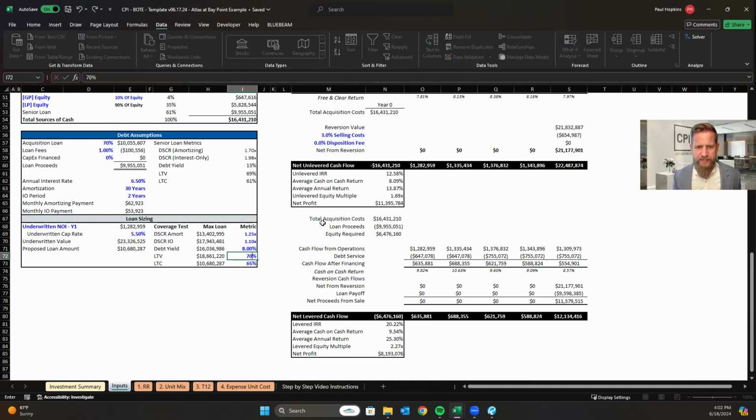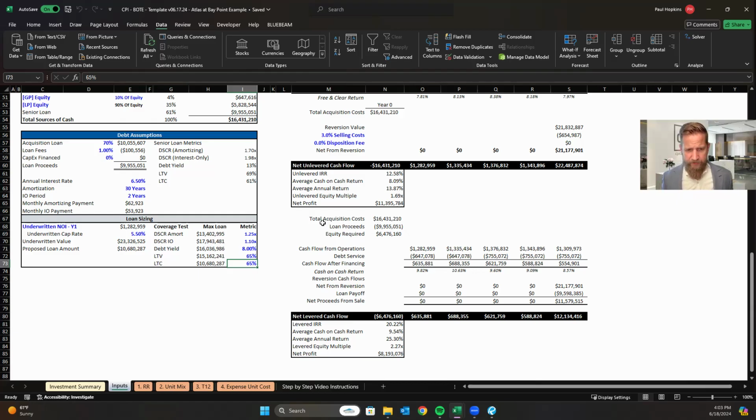So let's just say that it is a 70% LTV, or just so you could see, 65% LTV, and it's coming out to a proposed loan amount of 15 million, but the loan to cost at 10 million is what it's saying here for the proposed loan. Based on your debt assumptions up here, the loan proceeds are at 9.